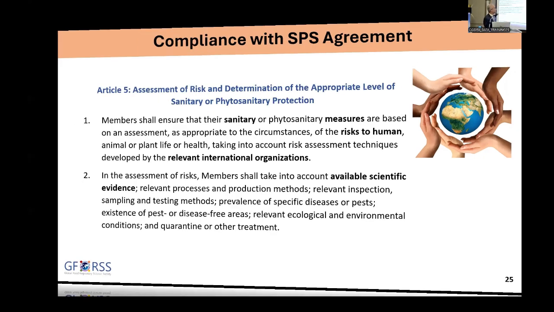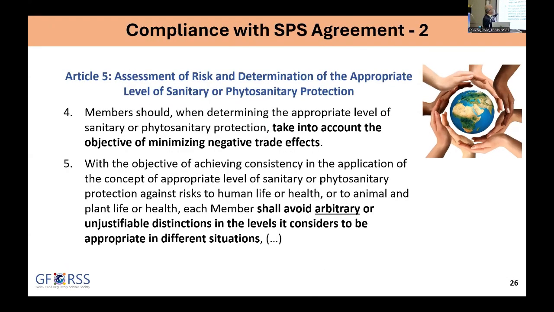The next slide. Now, in Article 5 here also, you will find some direction about formulating risk management decisions. Basically, the direction is that these decisions or options need to be developed while taking into account the need to minimize the potential negative impacts on trade.